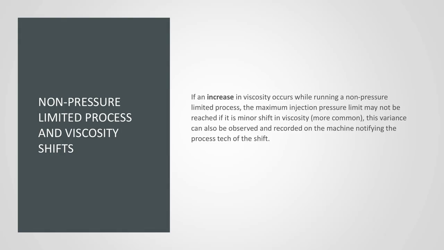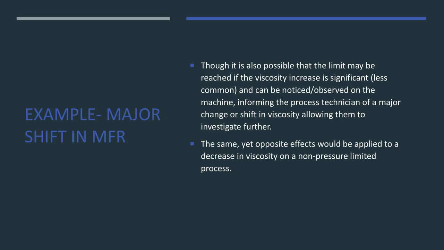While running a non-pressure limited process, if an increase in viscosity occurs, the maximum injection pressure limit may not be reached if it's a minor shift in viscosity. That's pretty common. The variance can also be observed and recorded on the machine, notifying a process tech or operator of that shift. An example of a major shift would be a big shift in melt flow rate.